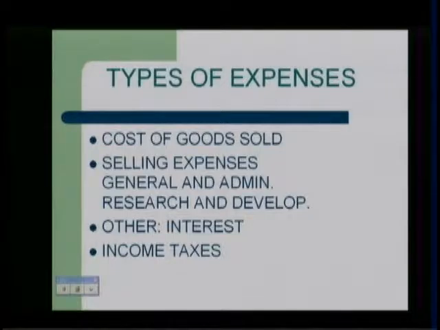We'll discuss cost of goods sold in more detail in just a minute, but a couple of other examples of expenses are selling, general, and administrative expenses, research and development expenses, often called R&D, taxes, and interest. And the taxes and interest will show up in a different segment of the income statement from the previous expenses. So we'll discuss the format of the income statement in just a minute too.